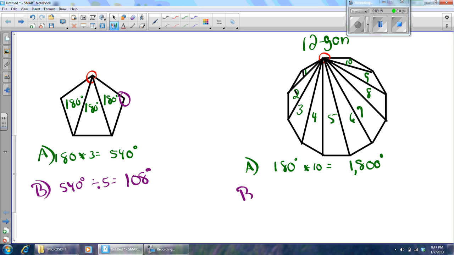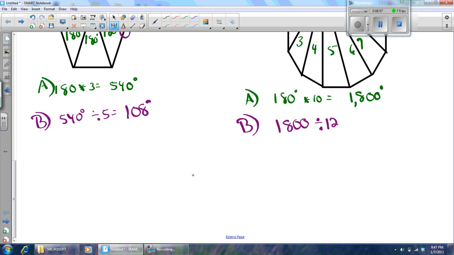I can do it on a 12-gon. I can figure out the measure of this angle right here. Okay, I'm going to take the total number of degrees, and I'm going to divide by the total number of angles. And I'll show my work on this one. 1800 divided by 12.